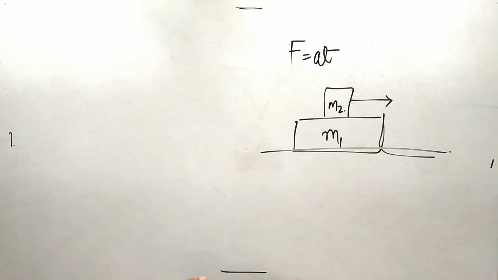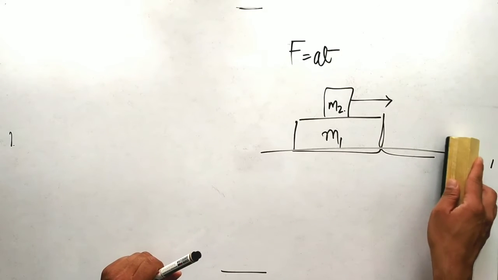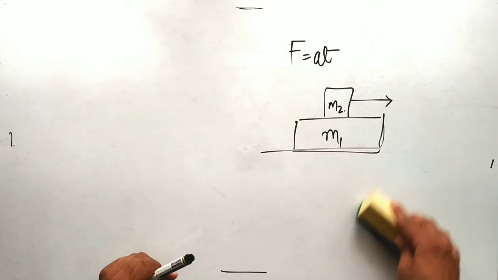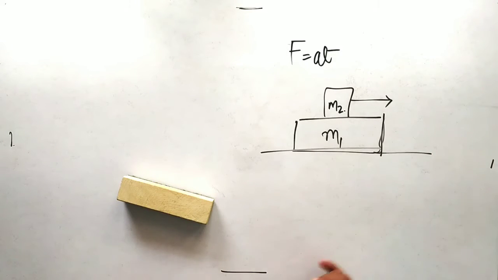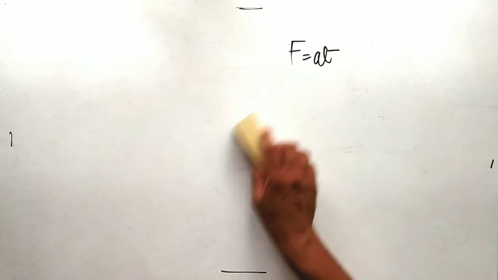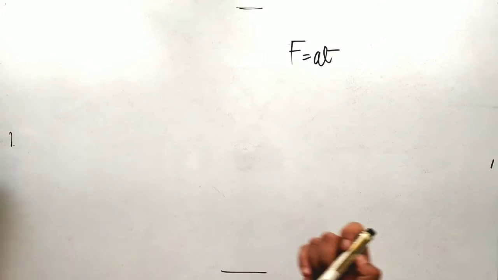We will first calculate the acceleration of these two bodies when they are moving with different accelerations. So we'll draw the free body diagram of the blocks.